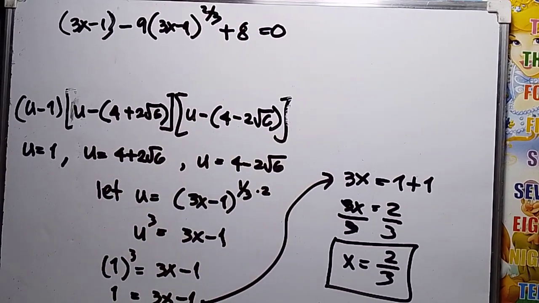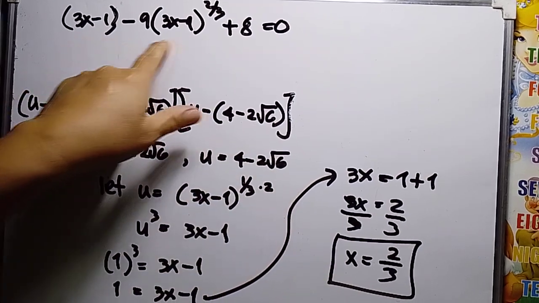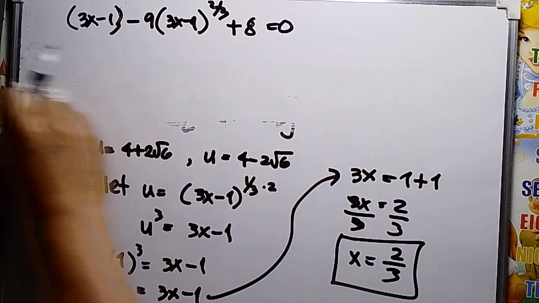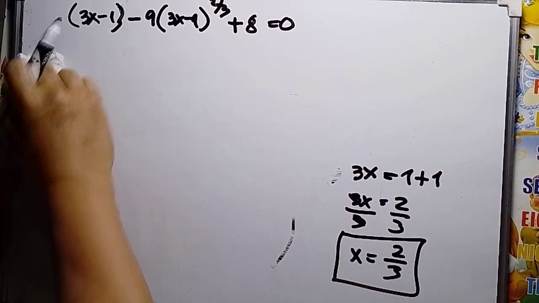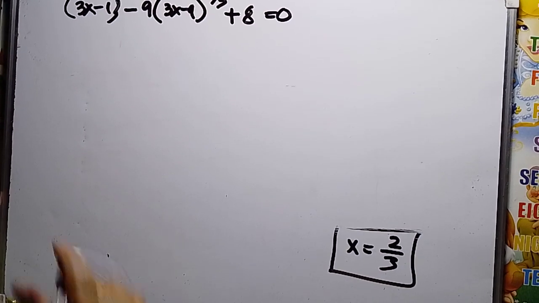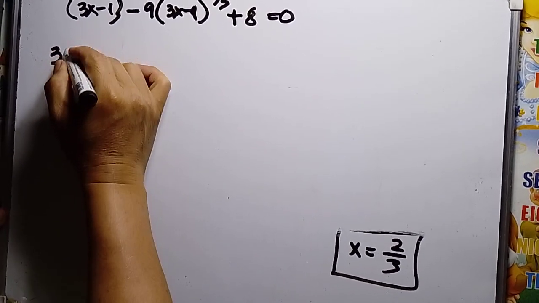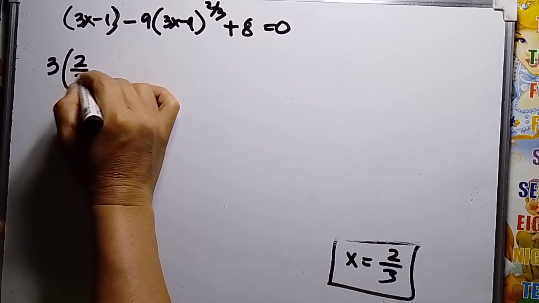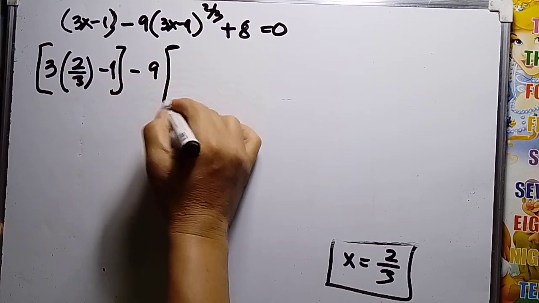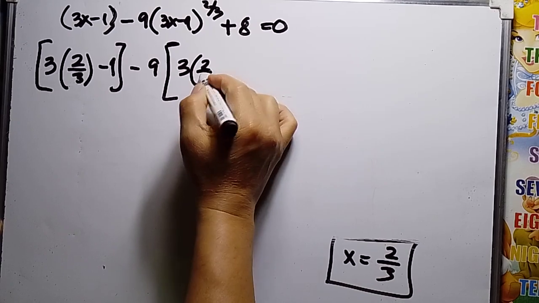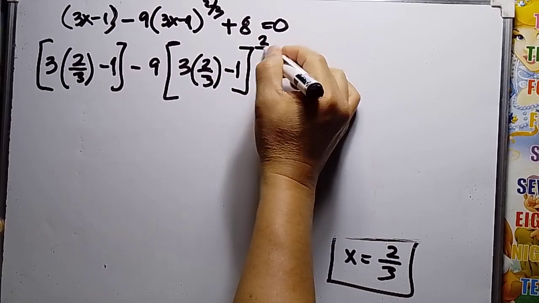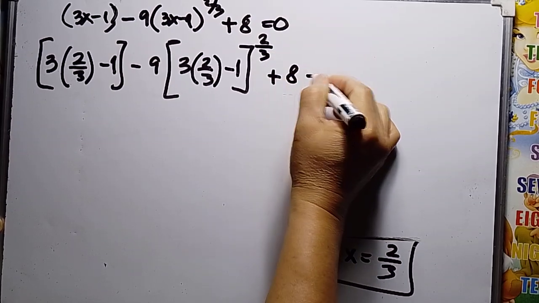So in checking, I need to substitute x equals 2 over 3. We need to make it balance, meaning the left side is equal to the right side. So 3 times 2 over 3, then minus 1, minus 9 times (3 times 2/3 minus 1) raised to 2 over 3, plus 8 is equal to 0.